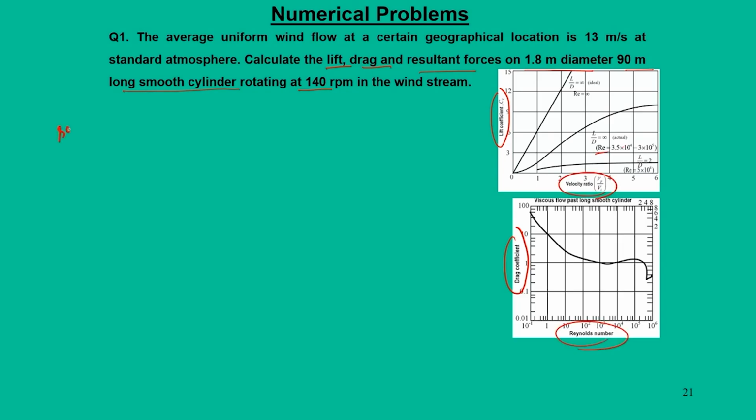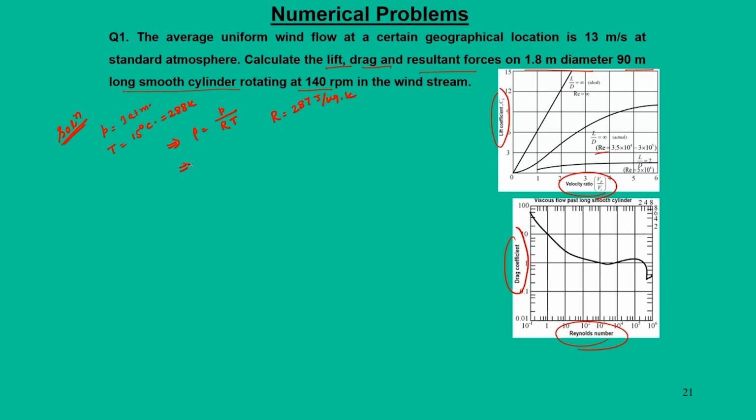So, for the solution, first thing that you see, it is a standard atmospheric pressure, P is equal to 1 atmosphere and T is equal to 15 degree centigrade, that is 288 Kelvin, and this will give you rho is equal to P by RT. R stands as 287 joule per kg Kelvin.